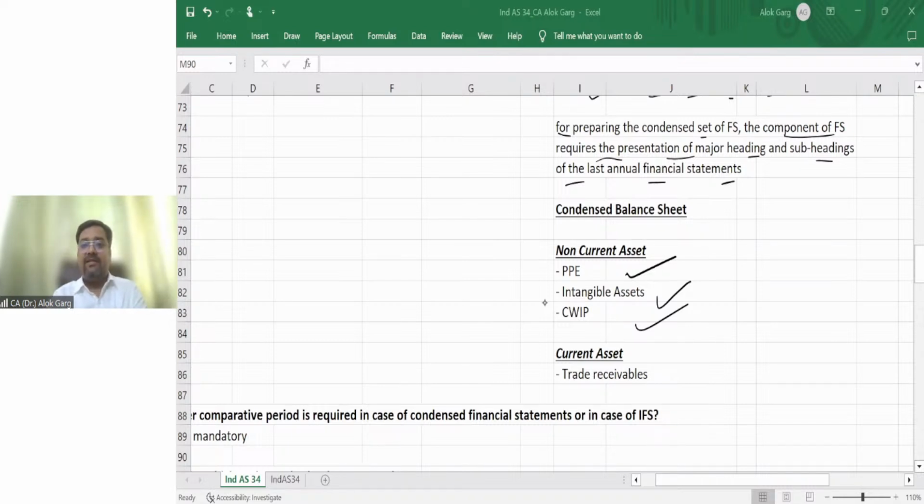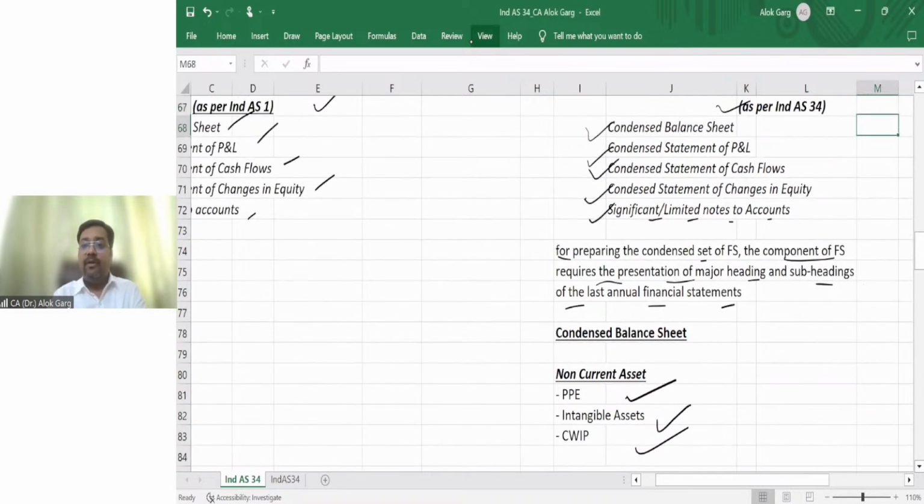Like condensed cash flow. In condensed cash flow, the major headings and subheadings are required, right? For example, cash flow from operating activities, investing activities, financing activities, and their major subheadings are also required. Condensed statement of changes in equity is also the same as the annual statement of changes in equity.